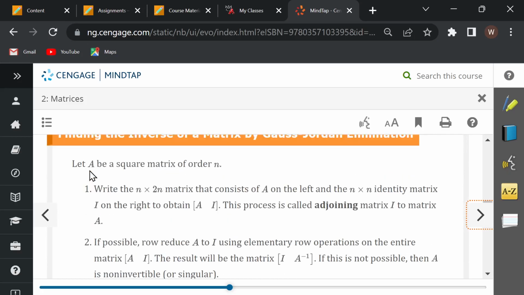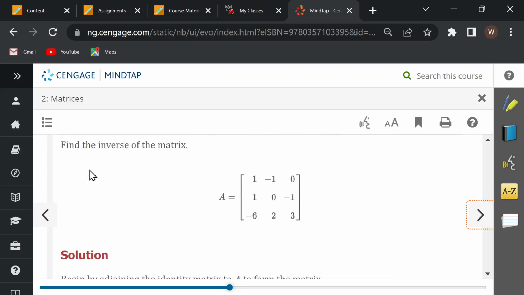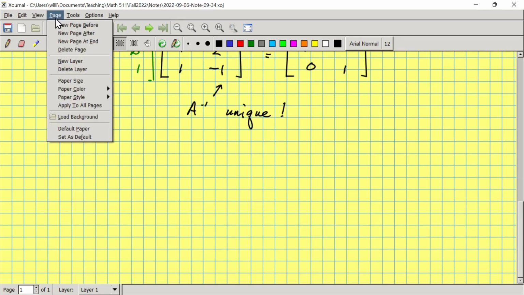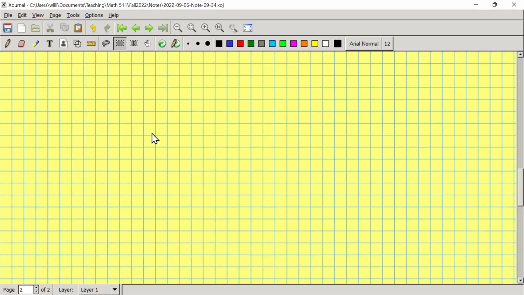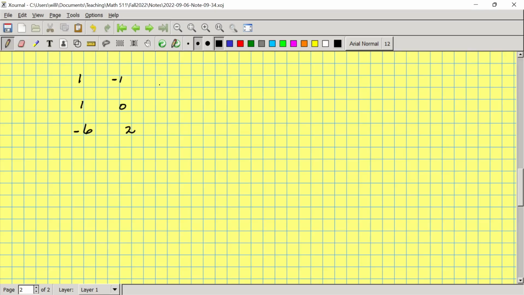So, how do we find the inverse using Gauss-Jordan elimination? Let's try a bigger matrix. Let's go to a new page. 1, 1, negative 6, negative 1, 0, 2, and 0, negative 1, 3.